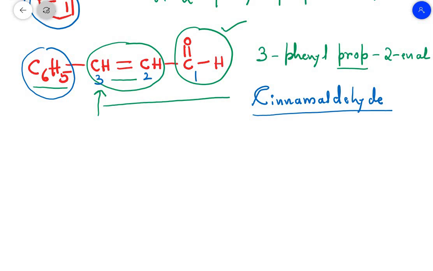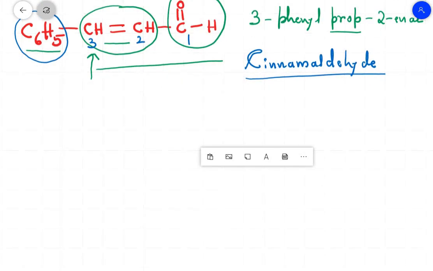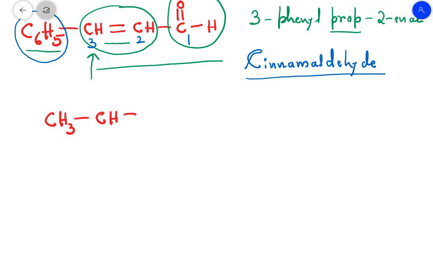Now we will have a similar example, but in the place of C6H5, I will write CH3. CH3 single bond CH double bond CH, and then followed by C double bond OH.